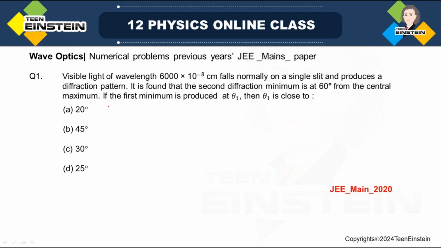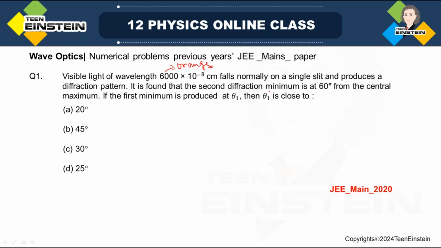The first question says: visible light of wavelength 6000 angstrom, which is 10 to the power minus 8 centimeter, and this light is in the orange color, falls normally on a single slit and produces a diffraction pattern.